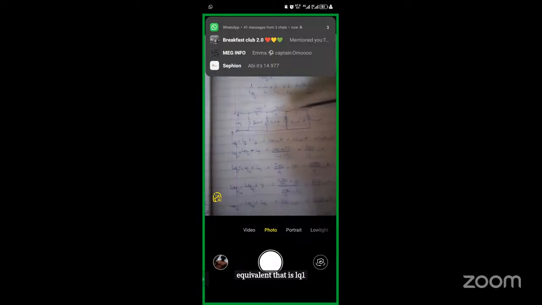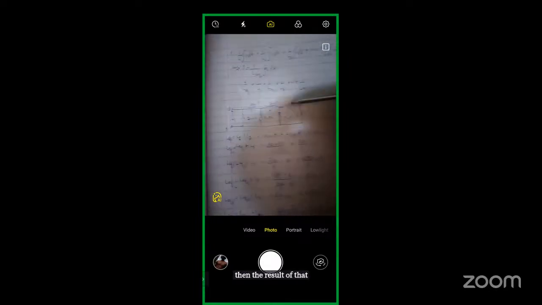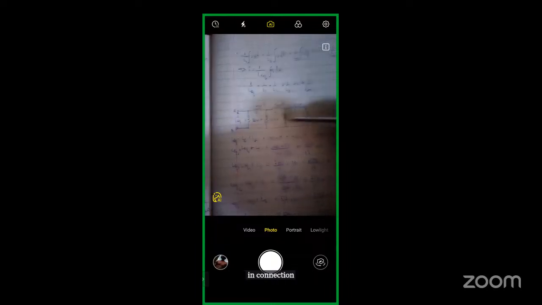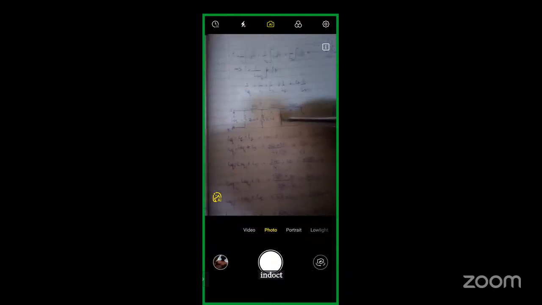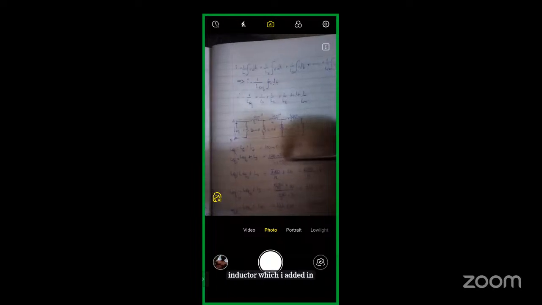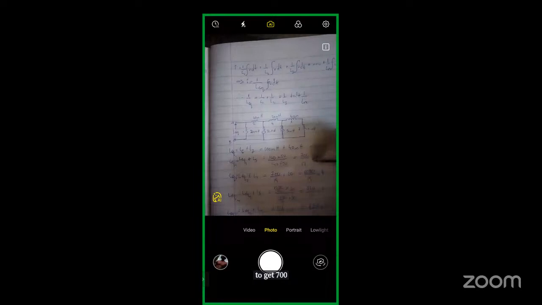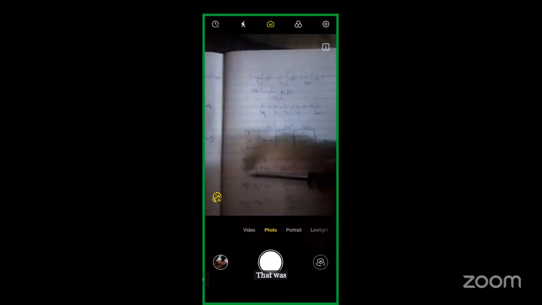Then the result of that was going to be a parallel connection with the fifth inductor, which I added in parallel here to get 700/19 millihenry. That was my second equivalent.